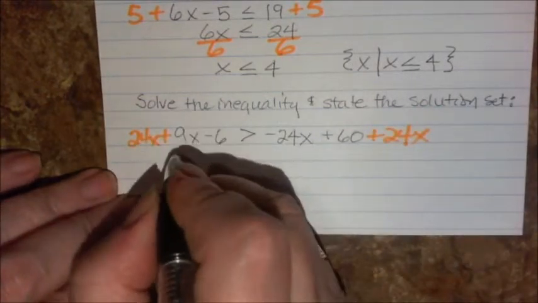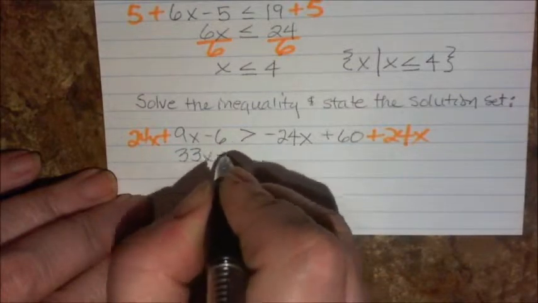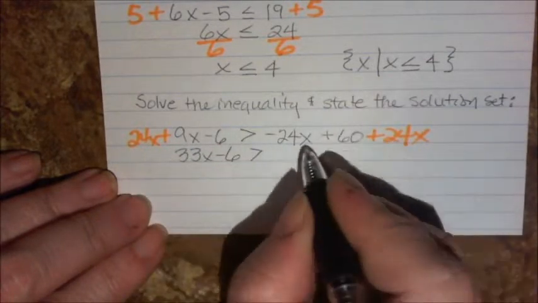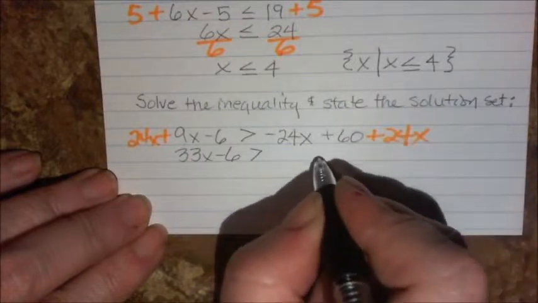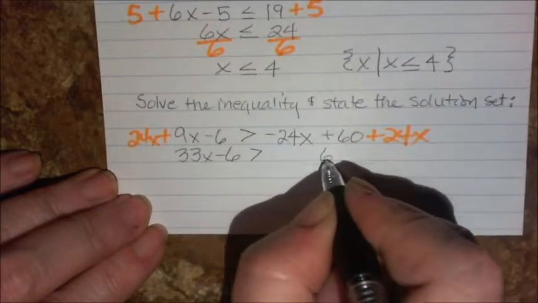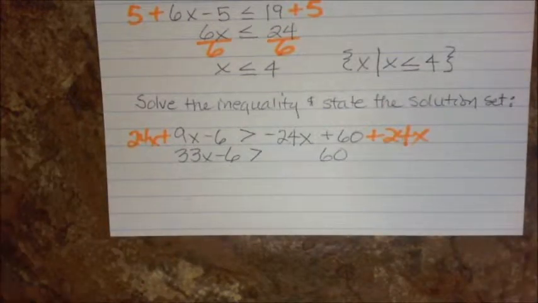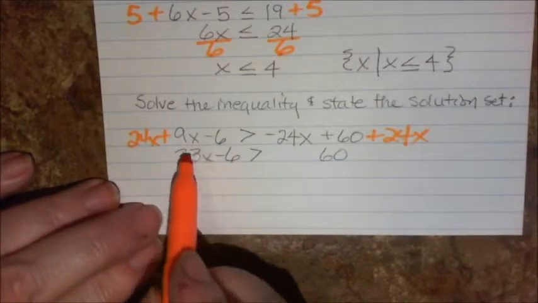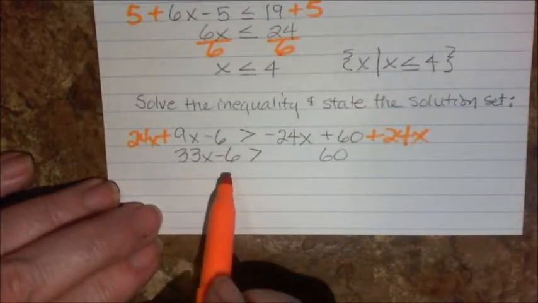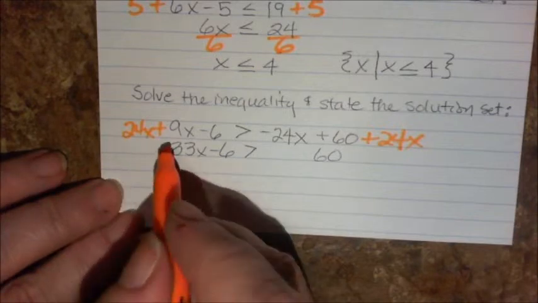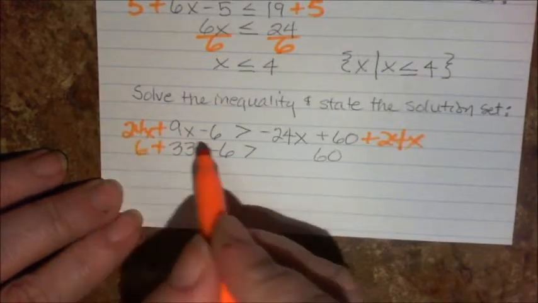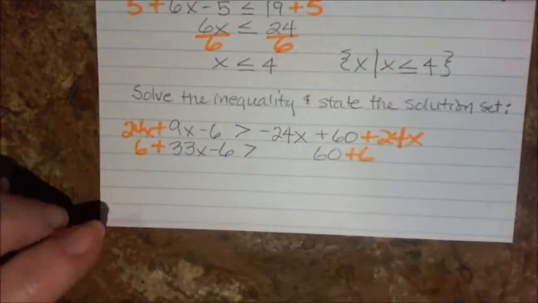Alright, that gives us on this side 33x minus 6 is greater than, the x terms here eliminate and we have 60 remaining. Now we want to isolate the variable term, so we need to eliminate the minus 6 with a plus 6 on each side.